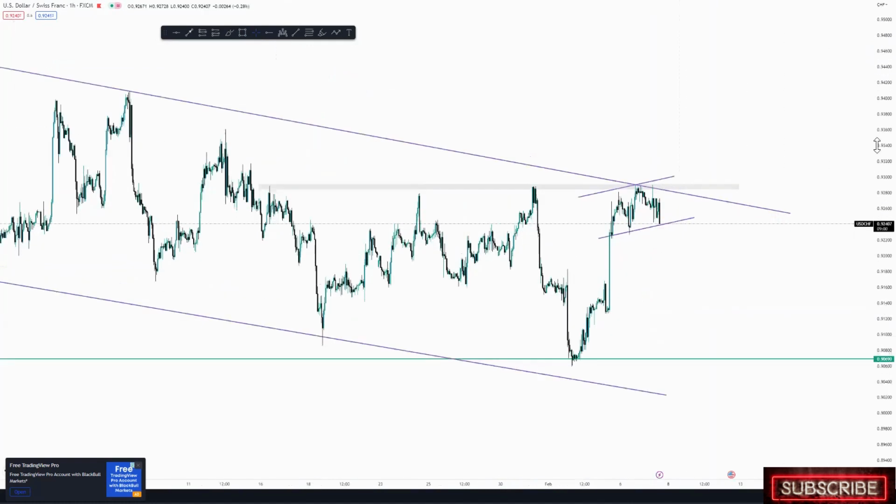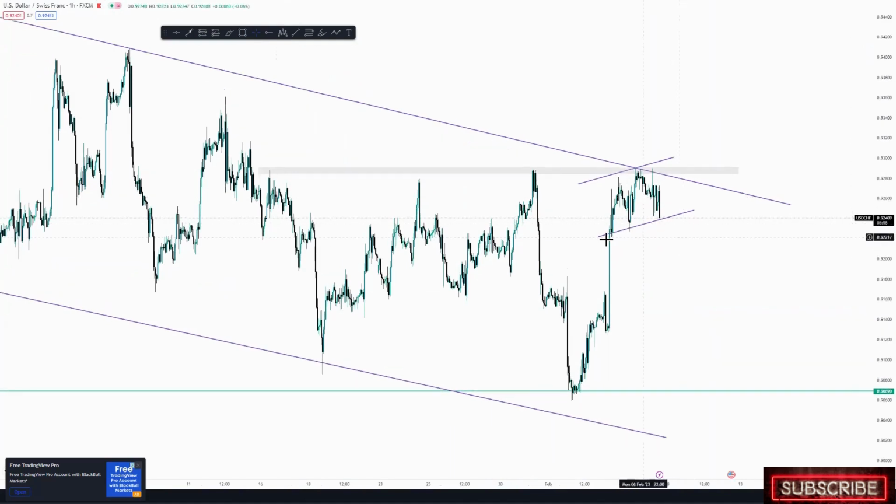So going to the 1 hour. Now that we're on the H1, guys, if EURUSD really ends up as that buy, it would make sense why USDCHF is going to be a sell. Because if you look inside this pattern that I've just drawn, you would see that we have a head and shoulder pattern here, right?